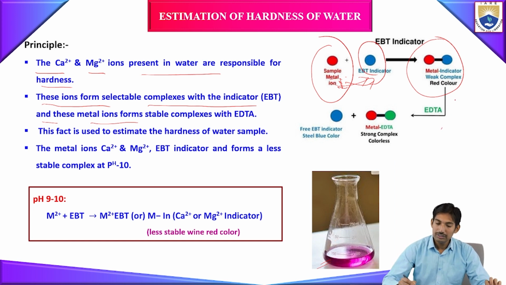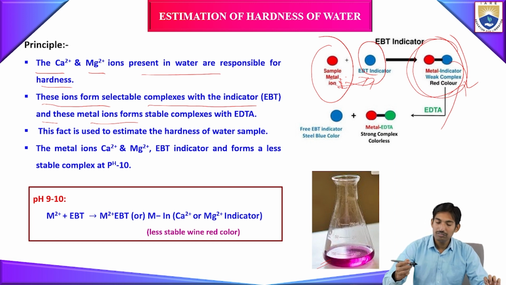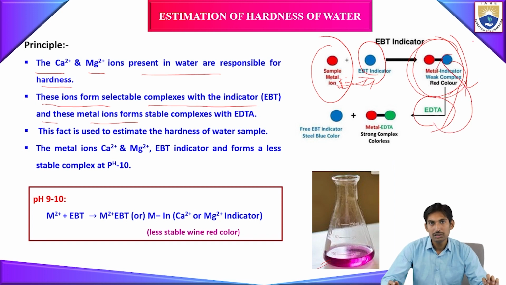If you titrate it with EDTA, what happens? The indicator is released from the metal, because this is a very weak, unstable complex between metal and indicator. The EDTA replaces the indicator, so the metal and indicator dissociate.